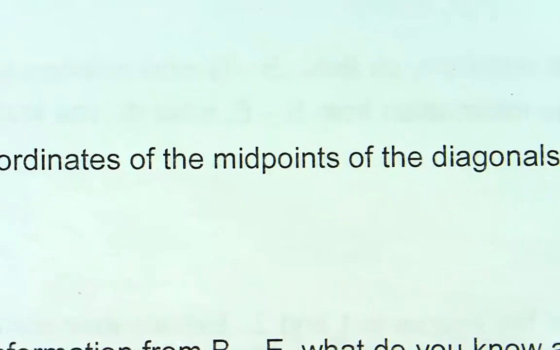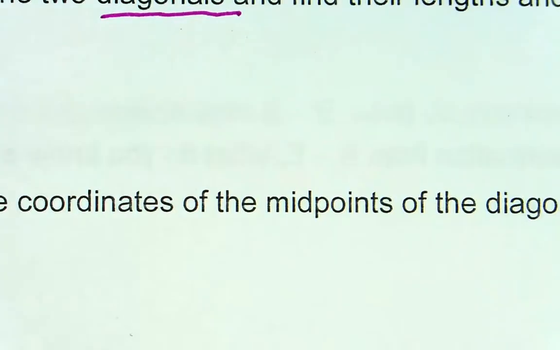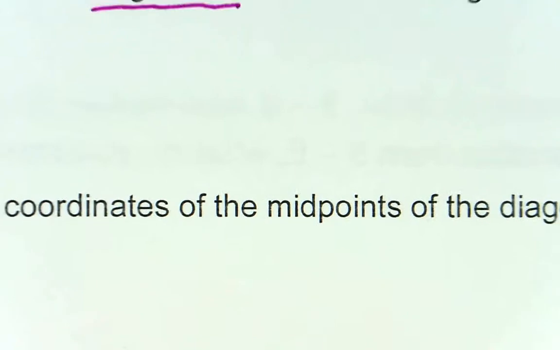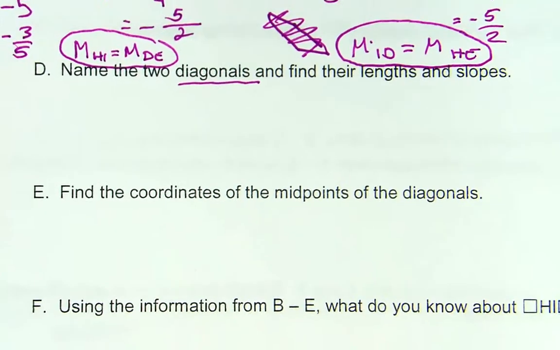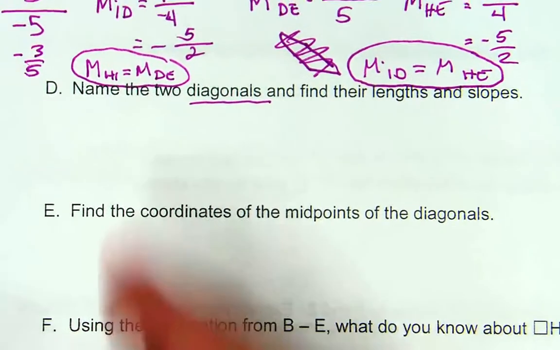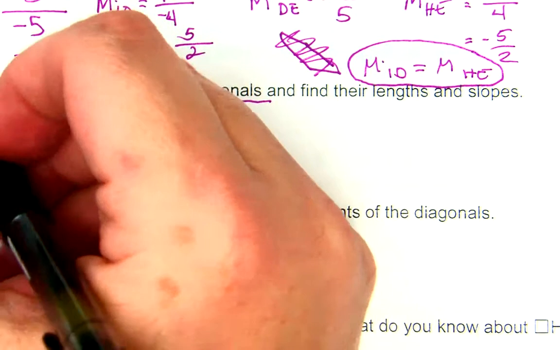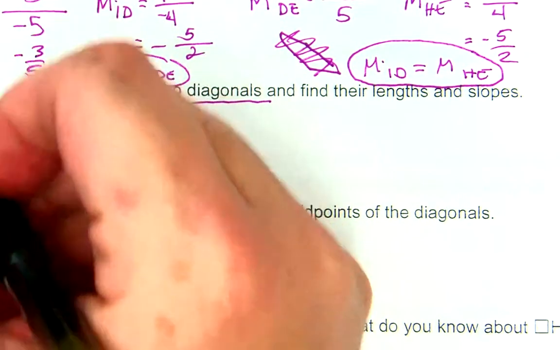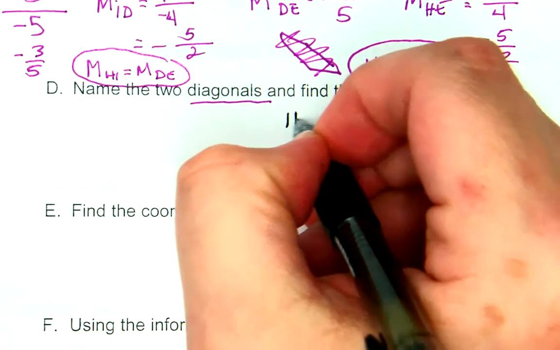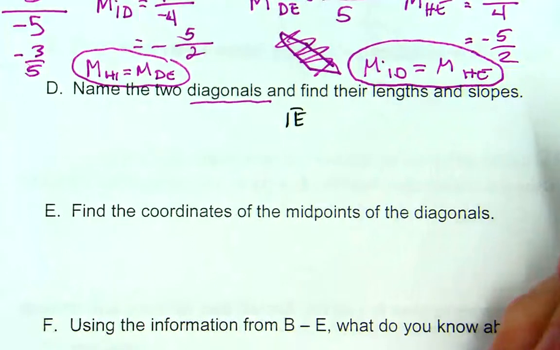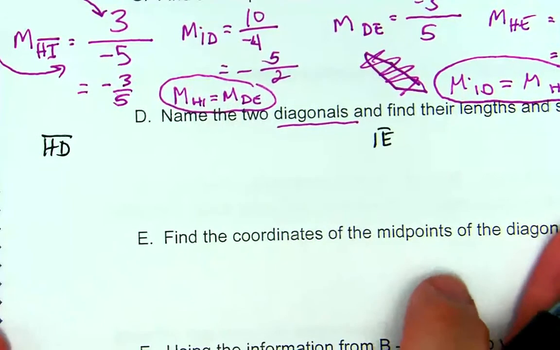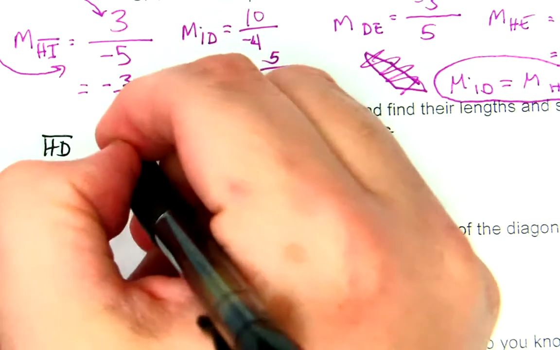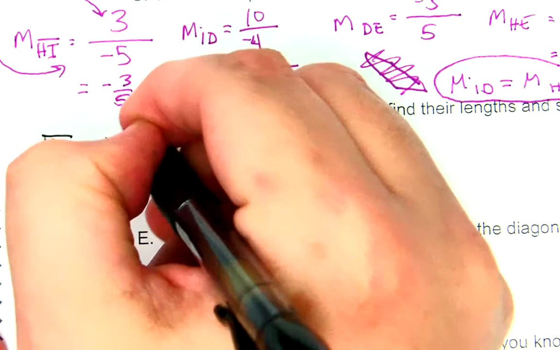So, if we jump back to our next question, name the two diagonals, HD and IE. And we need to find lengths and slopes. So, for HD, make your XY.